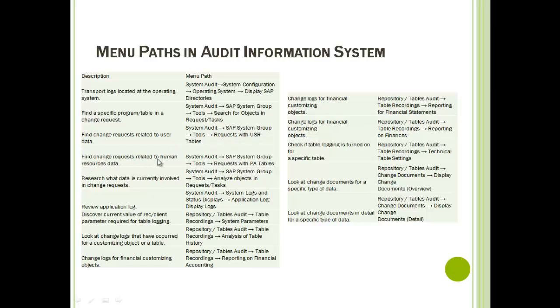Then find changes related to human resource data, that is for the request for the PA table. Then research what data is currently involved in the change request, that is for the object analysis. Then review the application log and discover. We have quite a lot of information in AIS.